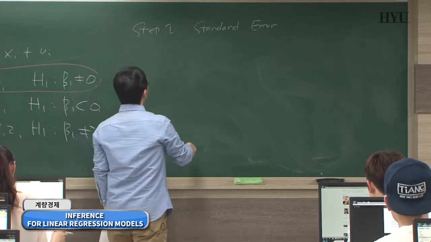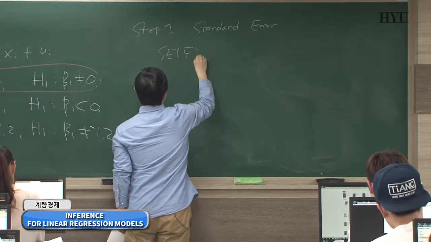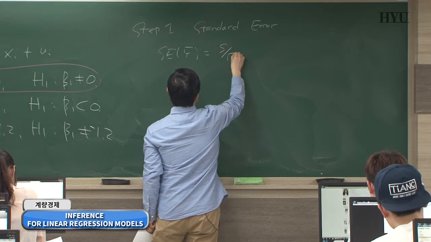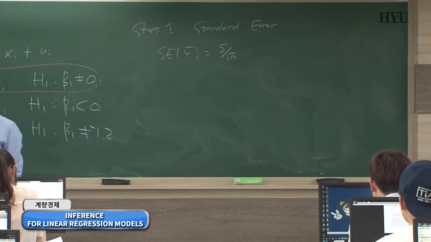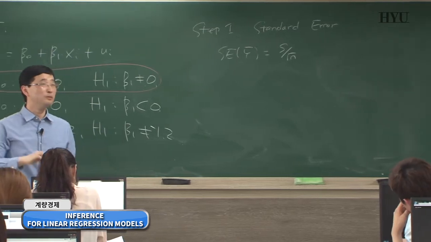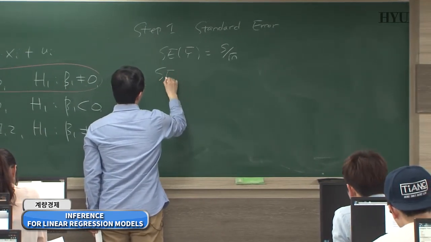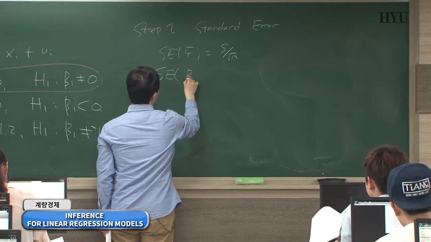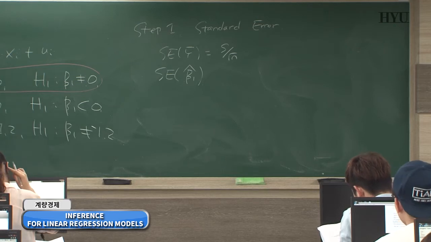Now what is the standard error? The standard error of y bar is this, right? But our question is about regression, conditional mean, not the marginal mean. So we ask, what is the standard error of beta 1 hat? So that's going to be the question.